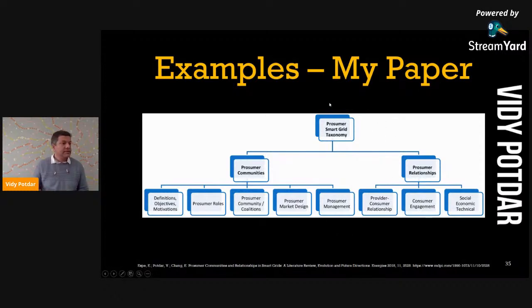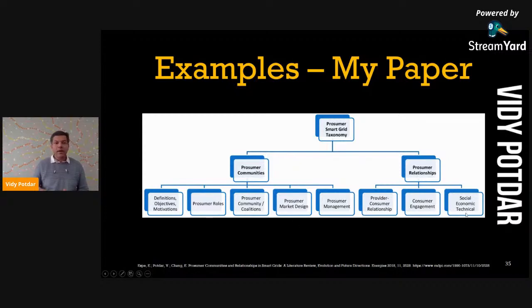This paper was a literature review paper, and we developed a taxonomy for prosumer smart grids. We divided it into prosumer communities and prosumer relationships. And within that, we had sub-categories: definitions, prosumer roles, and so on and so forth.